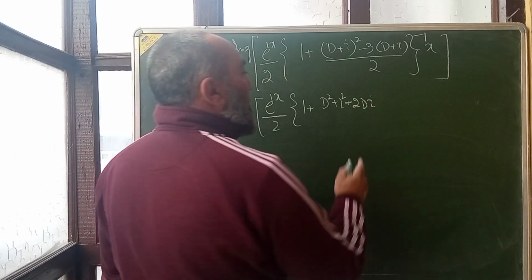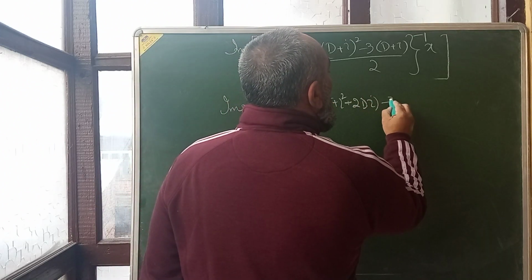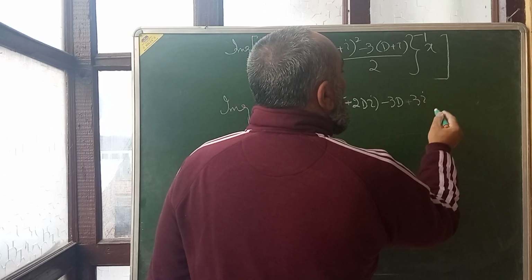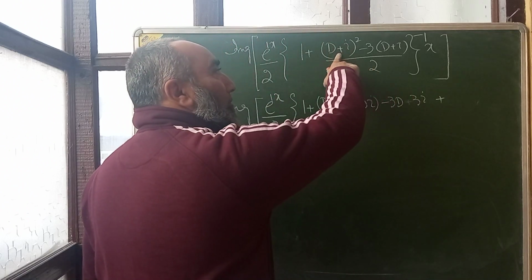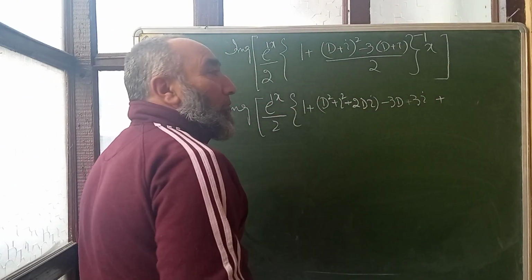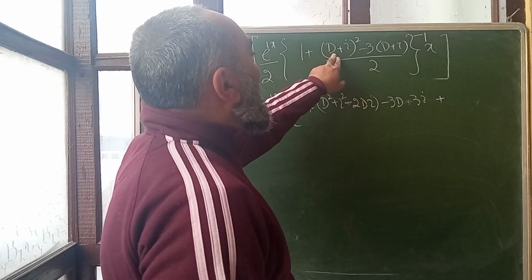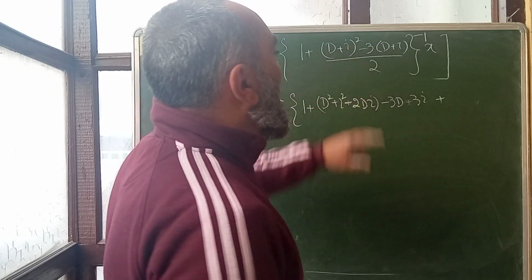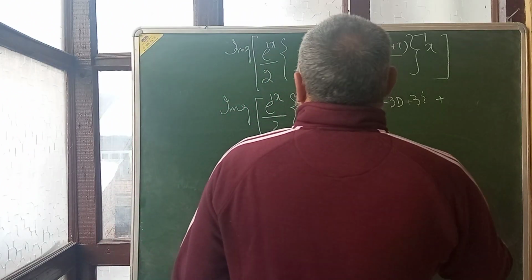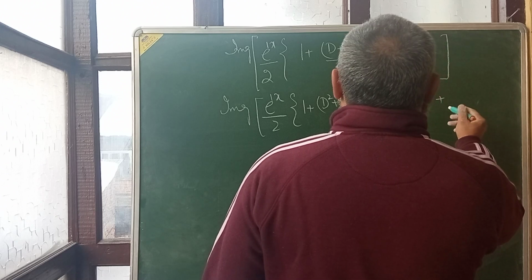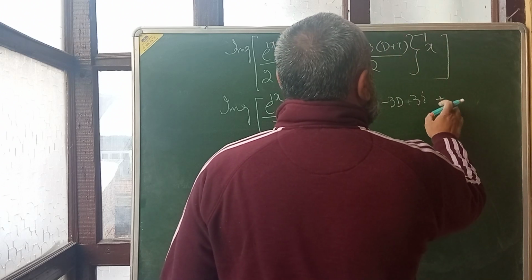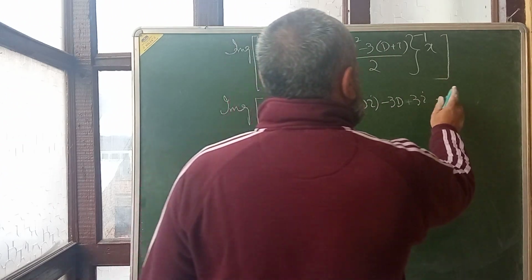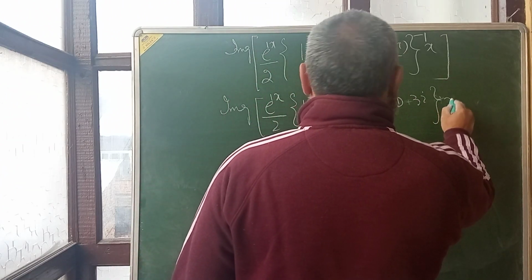Okay, this is 1 minus 3D plus 3 minus 3i plus, now it is square. This will be again this square plus this 4, and so on. We will not take further terms, operating on x.